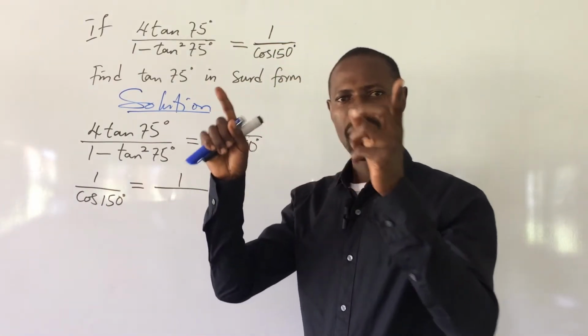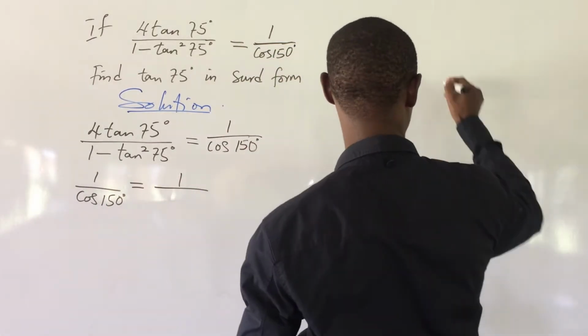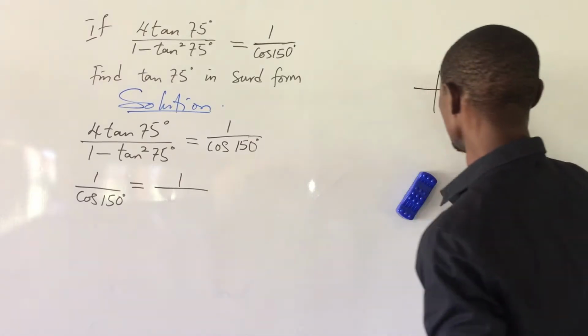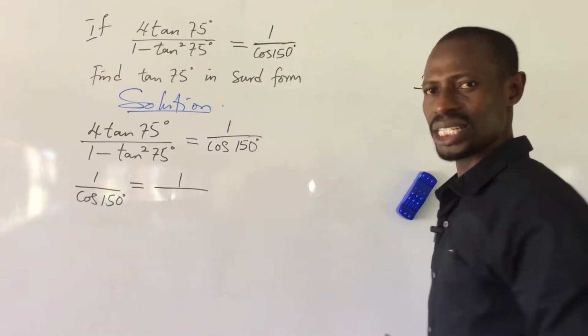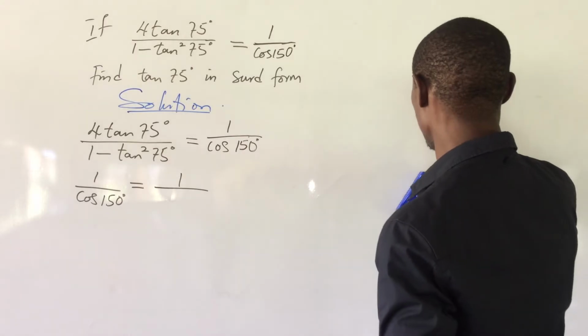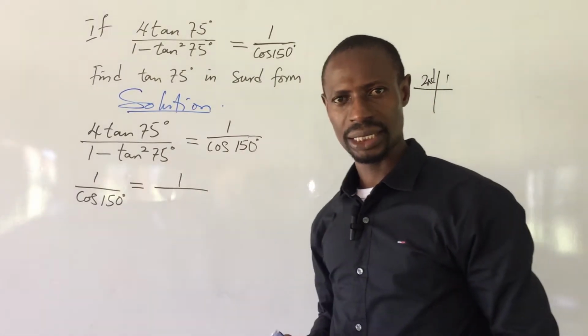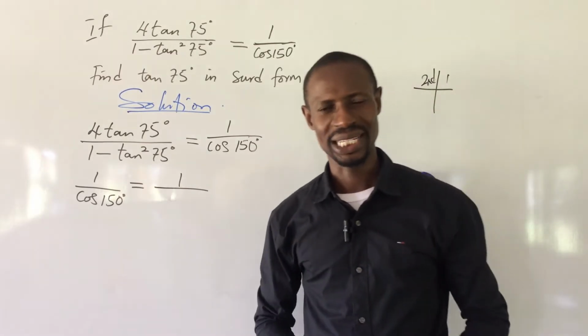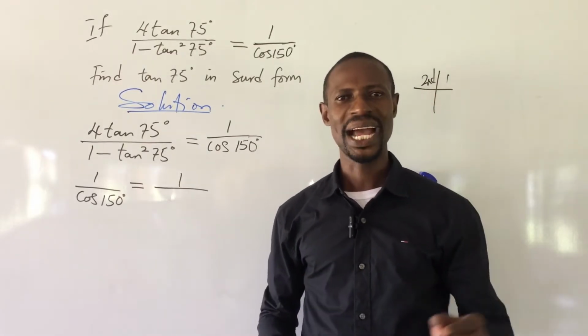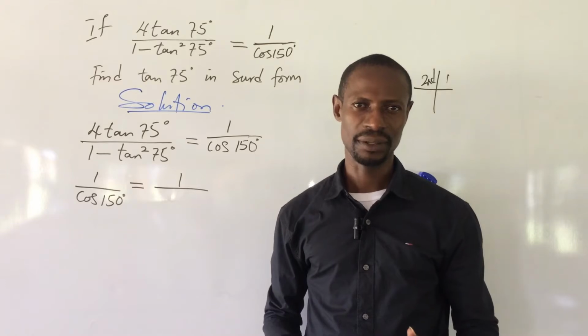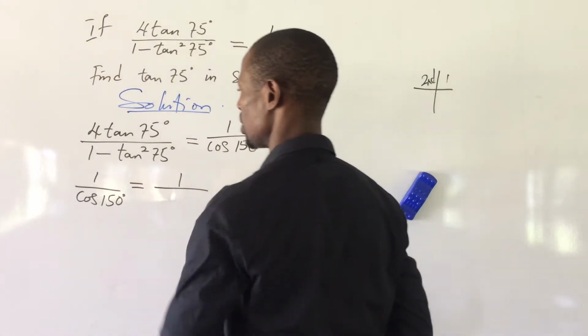If we draw our four cardinal points, which is our quadrant, this is your first quadrant, this is your second quadrant, and your 150 degree falls into the second quadrant. The manipulation in the second quadrant is 180 minus the value of theta given. So the value of theta given here is 150.